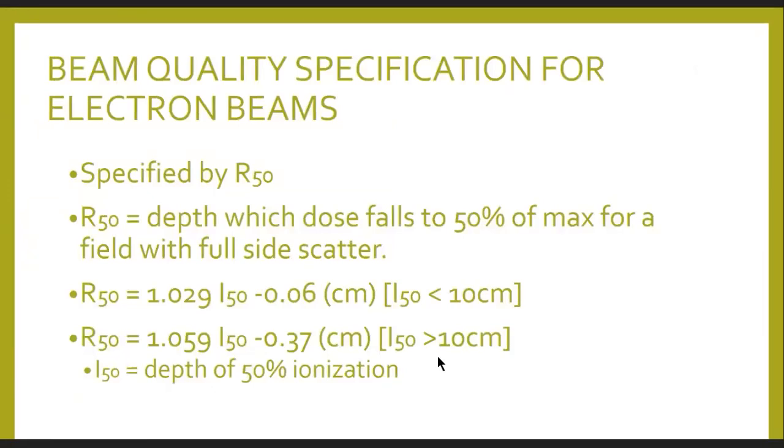So how to get the beam quality correction factors? We get it through the beam quality specifier for electrons, which is the R50. R50 is basically the depth at which the dose falls to 50% of its maximum value for a field with full side scatter, and can be determined from the depth ionization curve at 50% of its maximum value.